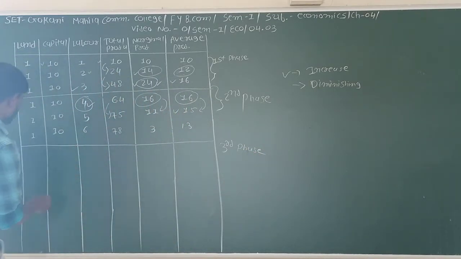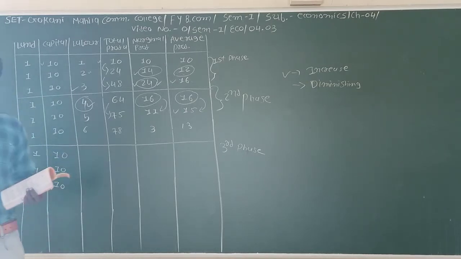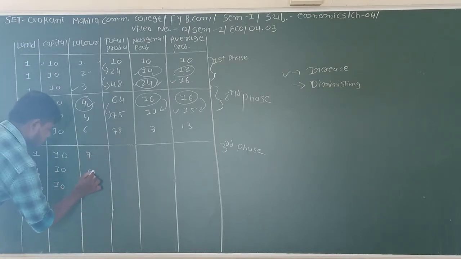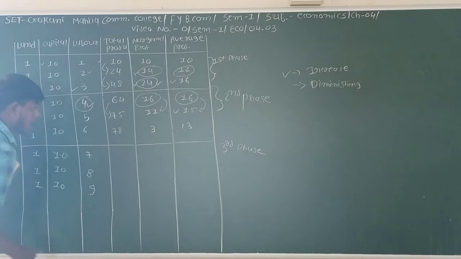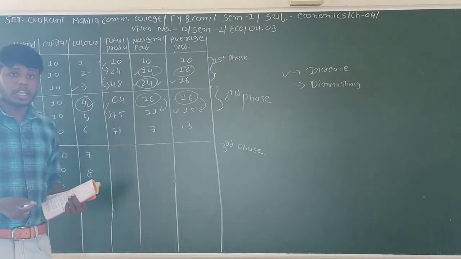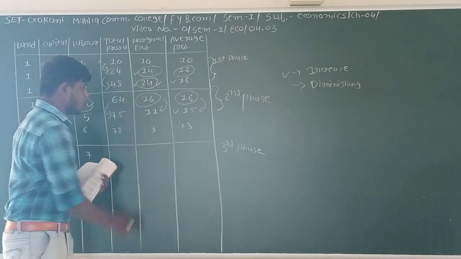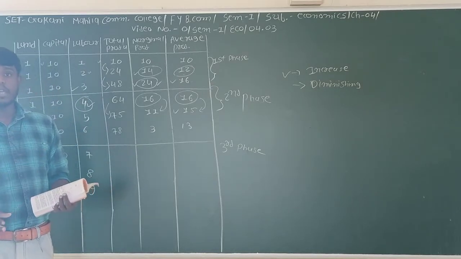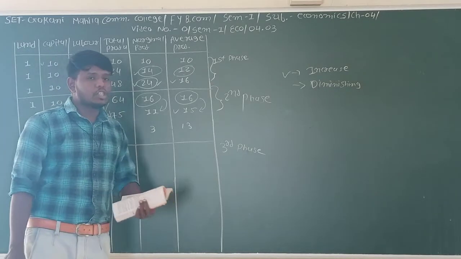Here, as we know, you cannot change the land, you also cannot change the capital employed in a business enterprise, but you can change the labor. That is 7, 8 and 9. As we can clearly say, in this stage we have diminishing average and marginal production.